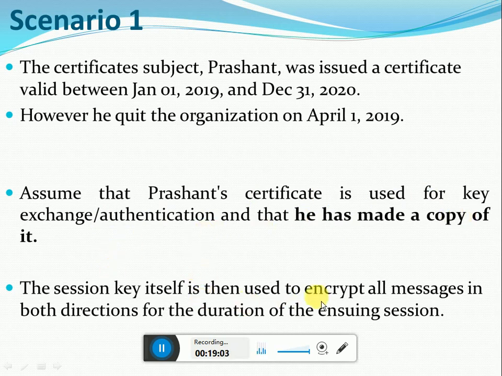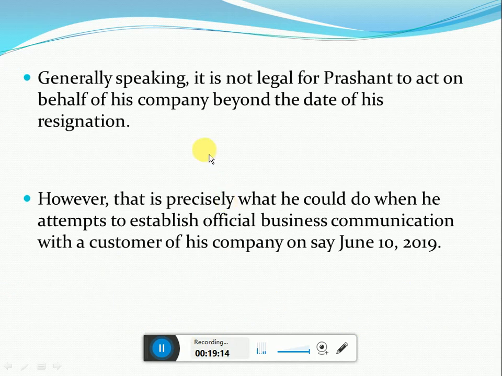The session key itself is then used to encrypt all the messages in both directions for the duration of the remaining session. Generally speaking, it is not legal for Prashant to act on behalf of his company beyond the date of his resignation. The moment he resigned from the company, he is no more an employee of that company.